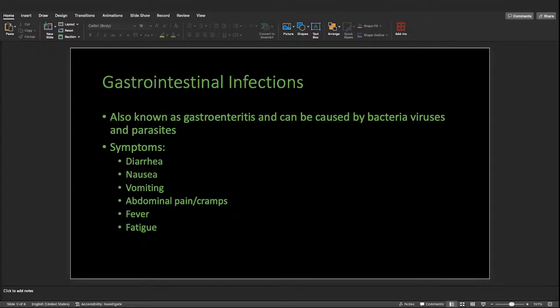There could also be some stomach aches or abdominal pains, cramps, fever, and fatigue as well. These are very common symptoms that are likely to occur when dealing with this type of disease. So it's important to know that.